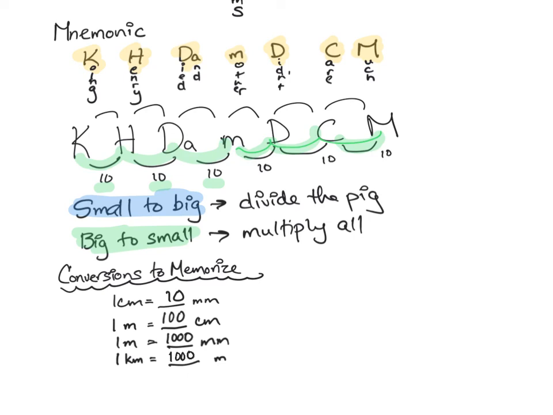If you wanted to also think about how many millimeters in a kilometer, and you could, you'd have to do all the jumps. So that would be 10 times 10 times 10 times 10 times 10 times 10 for a total of 1 million millimeters in a kilometer.